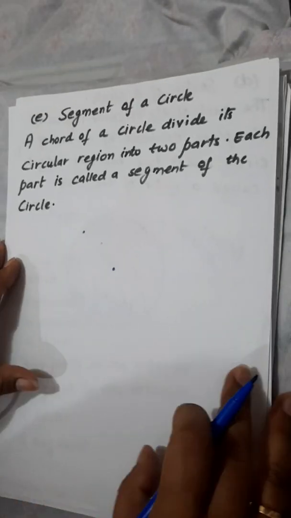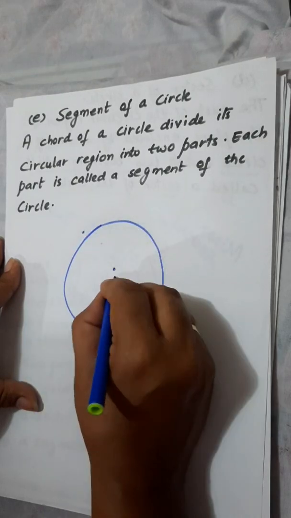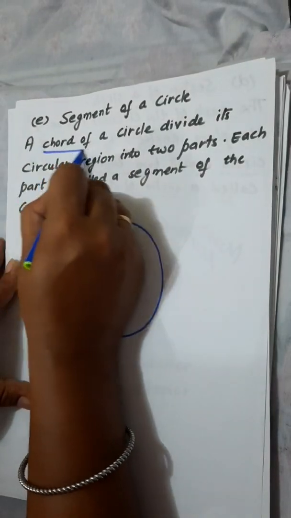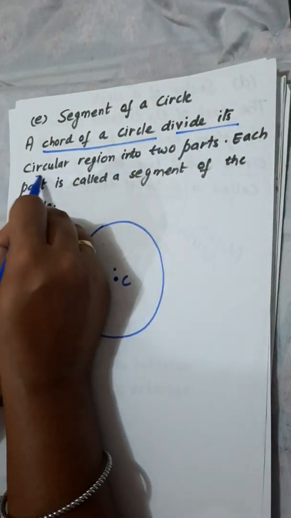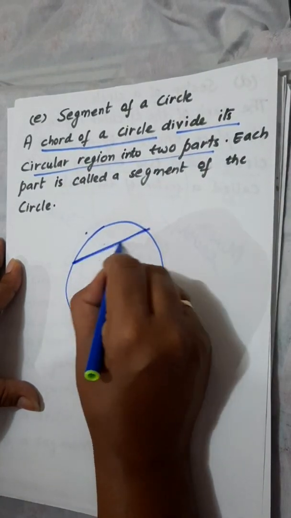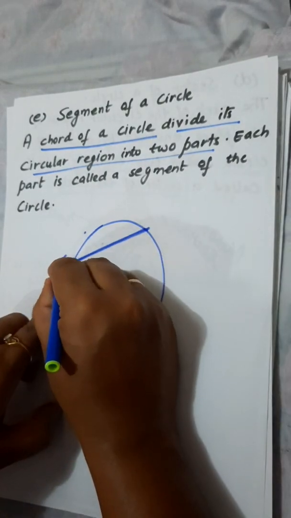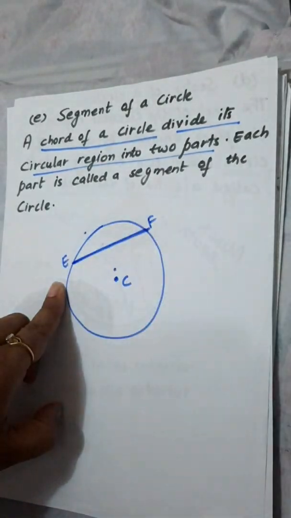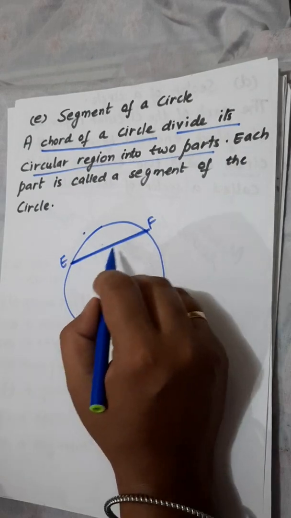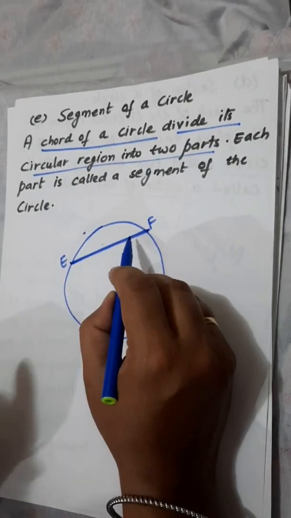Next we have segment of a circle. Here, if I have this circle with center C, a chord of a circle divides its circular region into two parts. As we know, a chord is a line segment joining any two points of a circle. So here I have a chord.